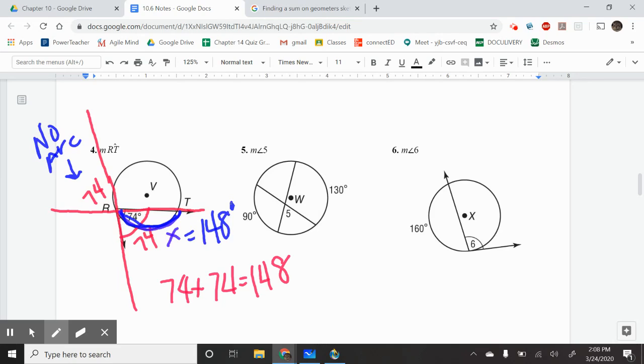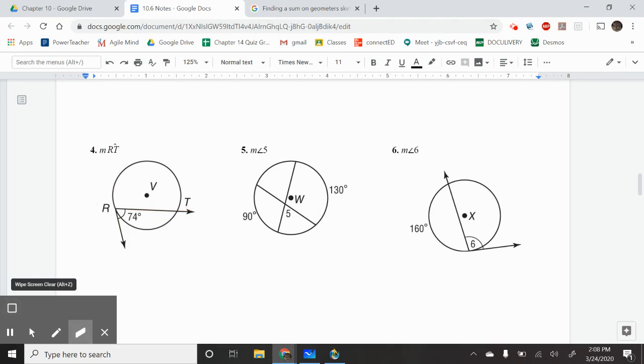Now, the way you can look at problems where you have tangent and secants is you just take the arc and divide it by 2 to get the angle, or you take the angle and multiply it by 2 to get the arc. So let's take a look at this one more time.